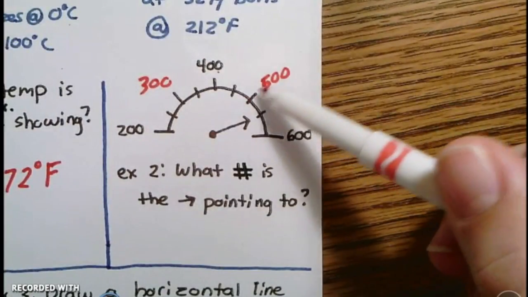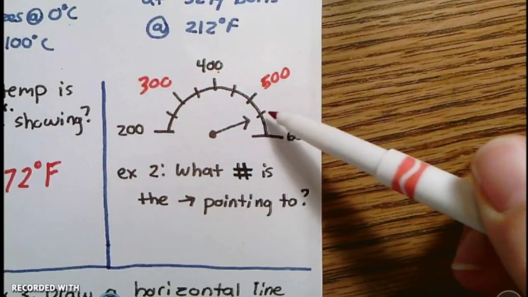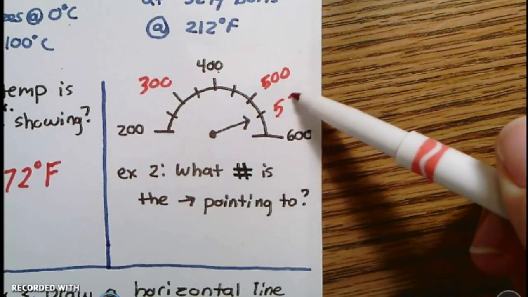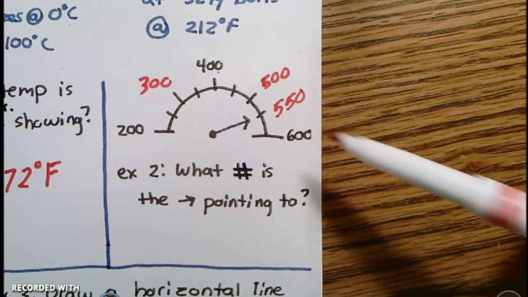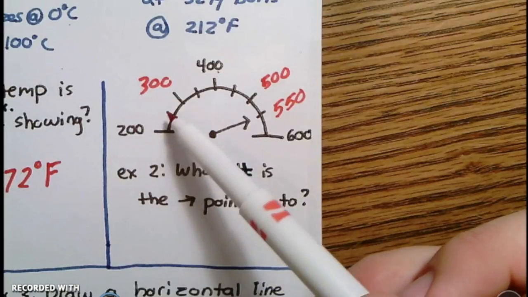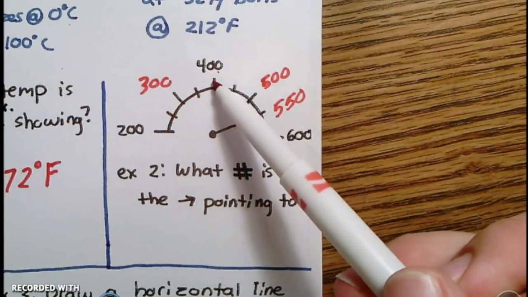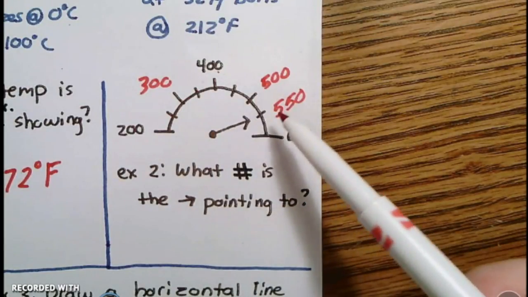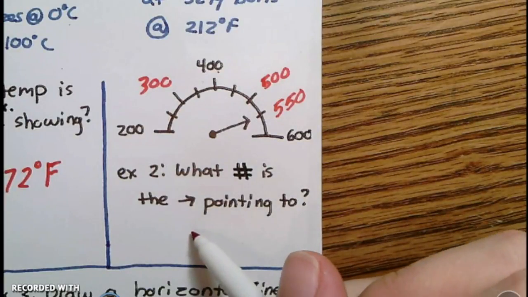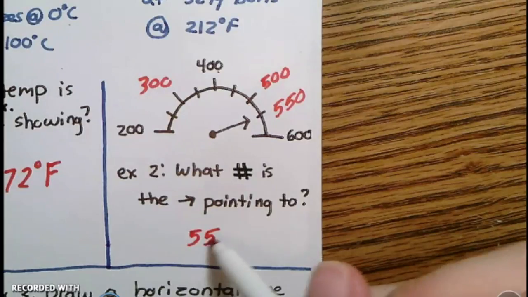And then halfway between 500 and 600, since there's only 1 tick mark between them, would be 550. Each of these tick marks is going up by 50. It goes 200, 250, 300, 350, 400, 450, 500, 550, 600. So what number is the arrow pointing to? It is pointing to 550.